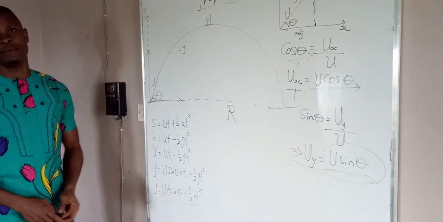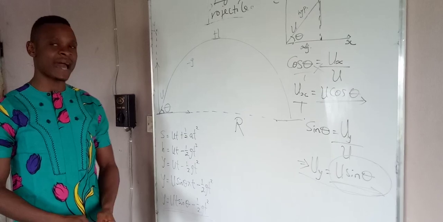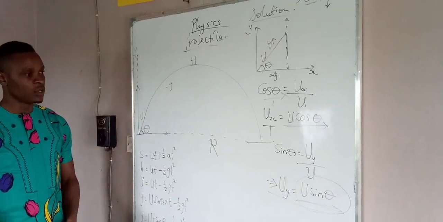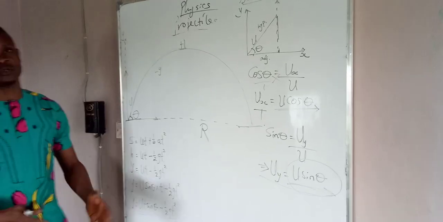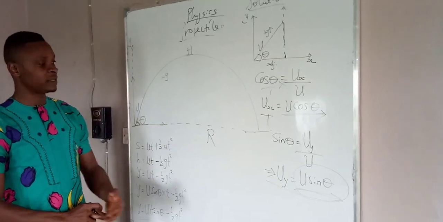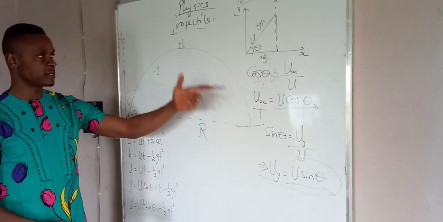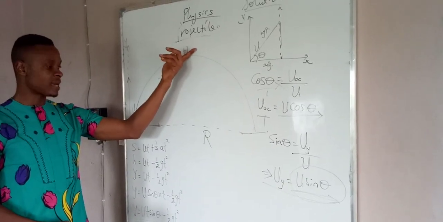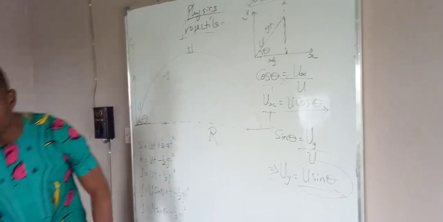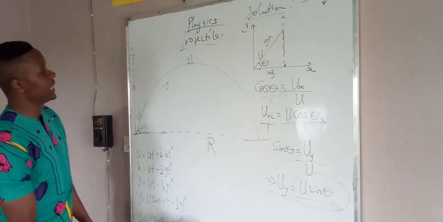But we don't end here because this has not given us the actual formula with which to solve for maximum height. So we will now take up how to determine formulas for total time of flight, maximum height, and then range. And that will take us to the next part of our learning.